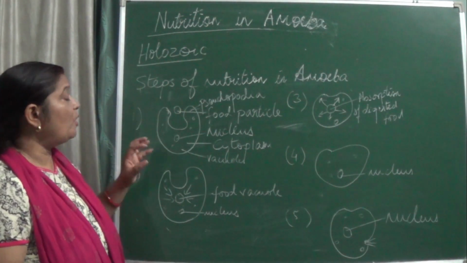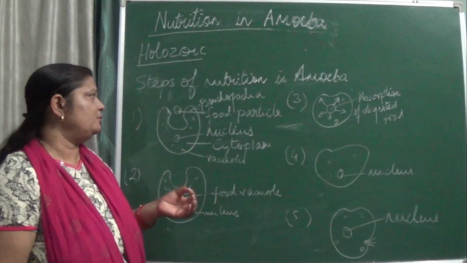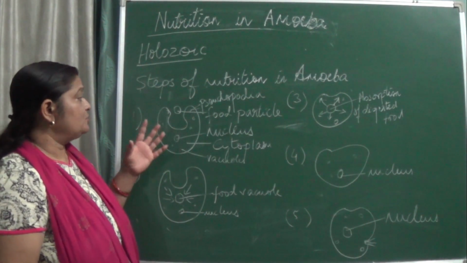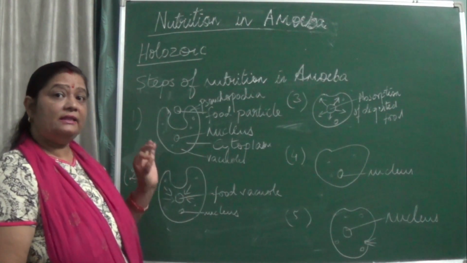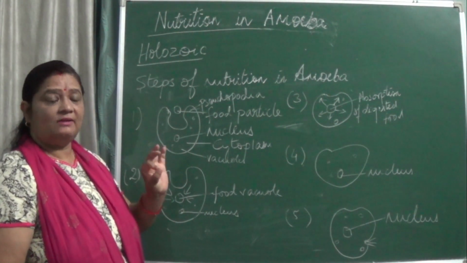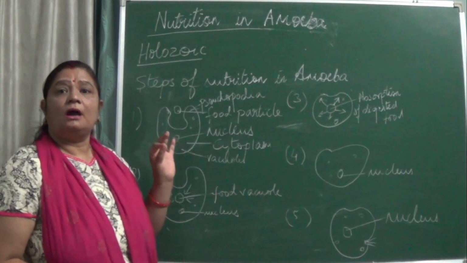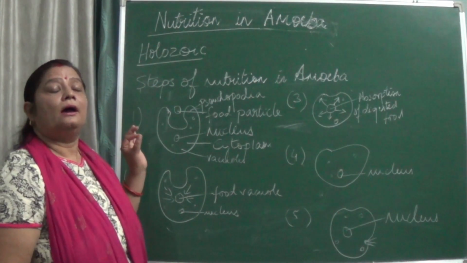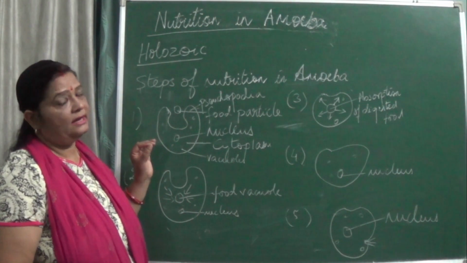The body structure is also very simple, consisting of nucleus, small vacuoles, and cell membrane. It consists of only one cell, and in that cell itself, all the steps of nutrition are carried out, like ingestion, digestion, absorption, assimilation, and egestion.